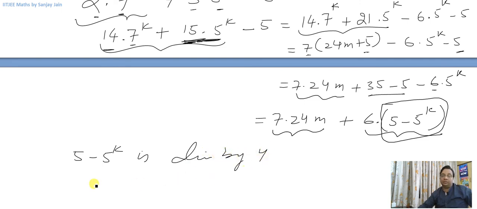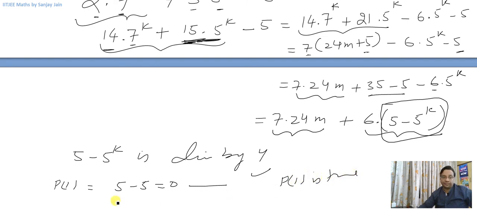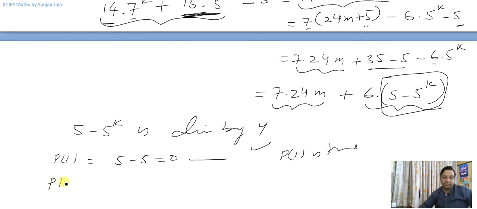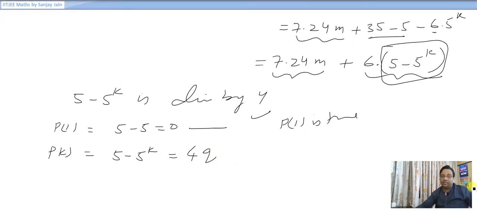5 minus 5 raised to power k is divisible by 4. What I can do is consider p of 1, that is 5 minus 5, which is 0, so it is divisible by 4, so p of 1 is true. Now consider p of k to be true, so 5 minus 5 raised to power k equals some 4q, let us say. Now I just need to show p of k plus 1 to be true. So for that, let me do this.